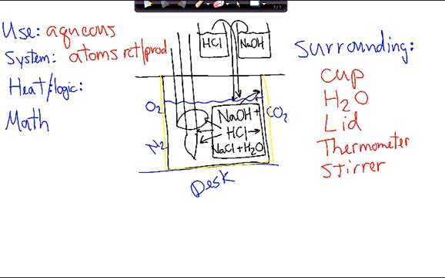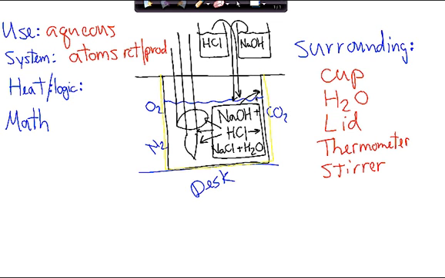But here's the trick, guys. Where does most of the energy go? Into the water. Guys, water has such a high specific heat that many times it's reasonable to just say the energy was absorbed by the water.